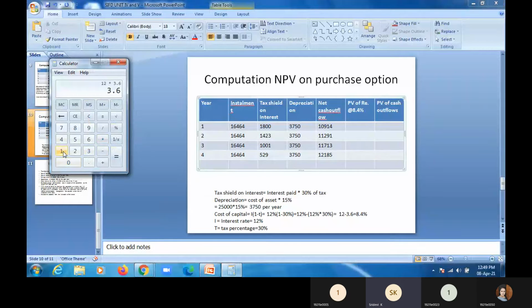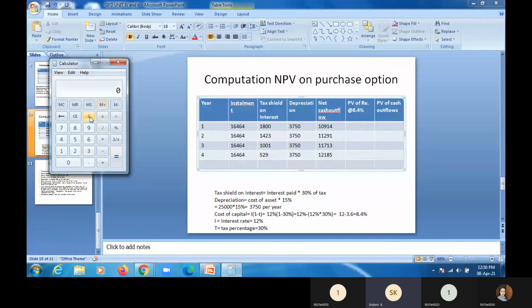Use the same formula: 1 divided by 1 plus 8.4, that means 8.4 divided by 100. And thus 1 divided by 1.084.